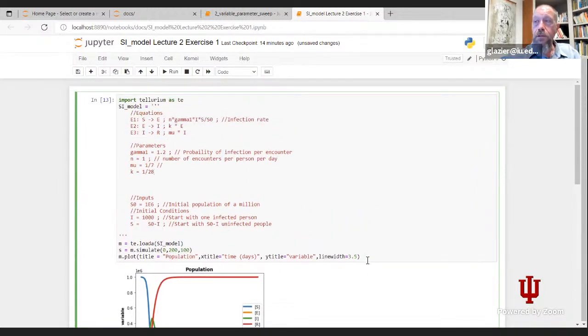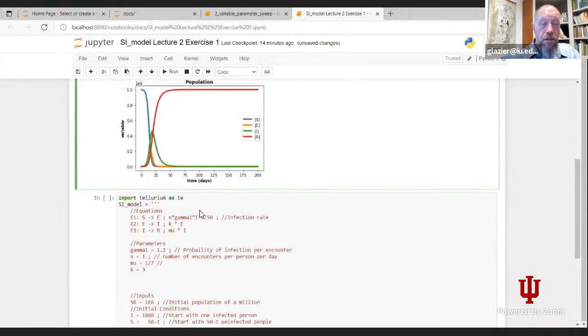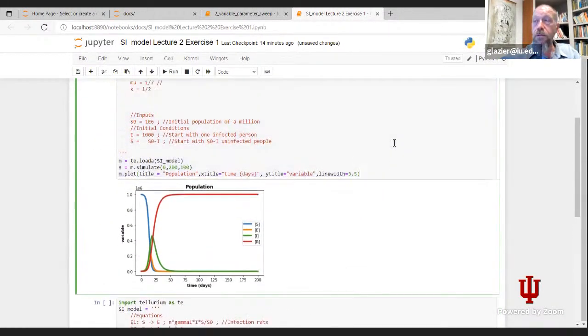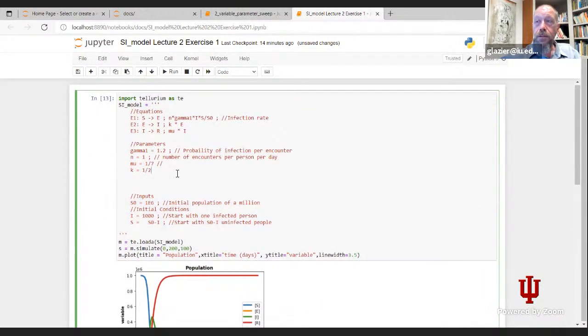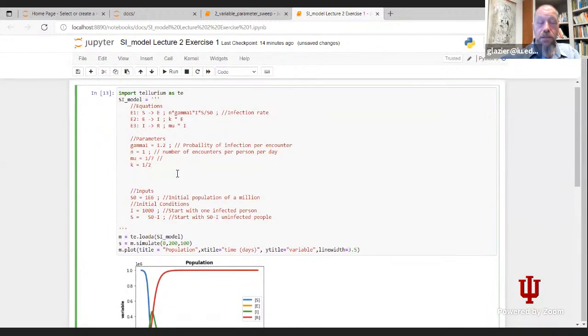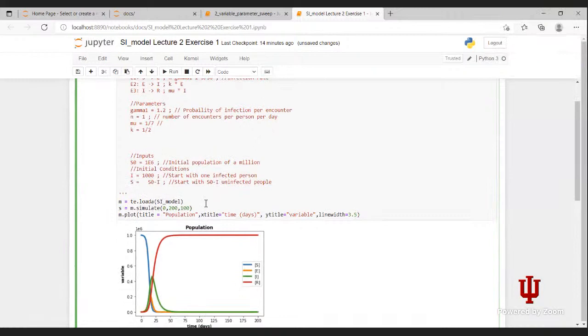You can run that by itself first. You don't have to copy it. But I'd like you to plot on the same graph the run when k is equal to 1 over 28 as well as 1/2.